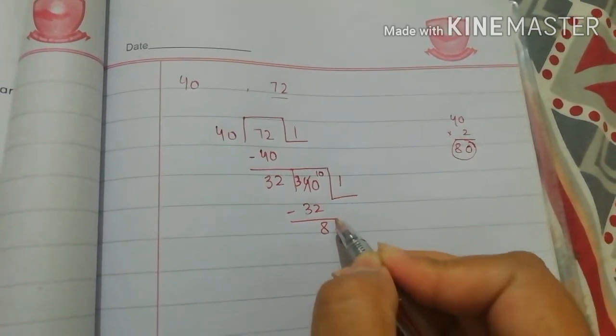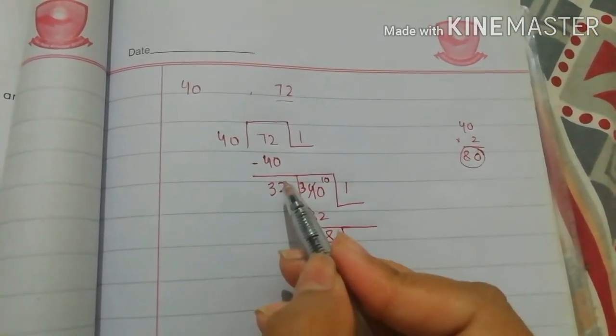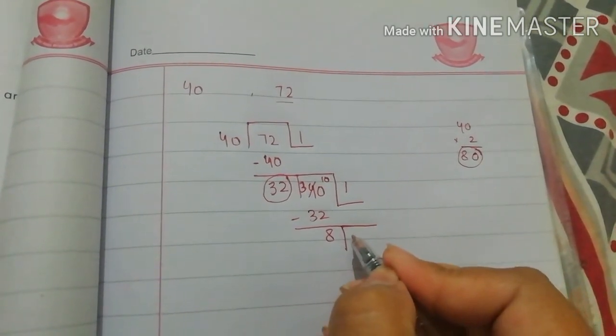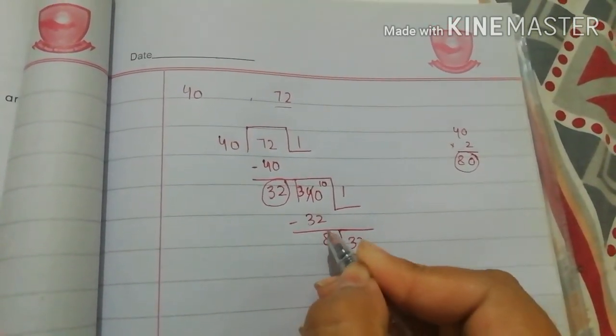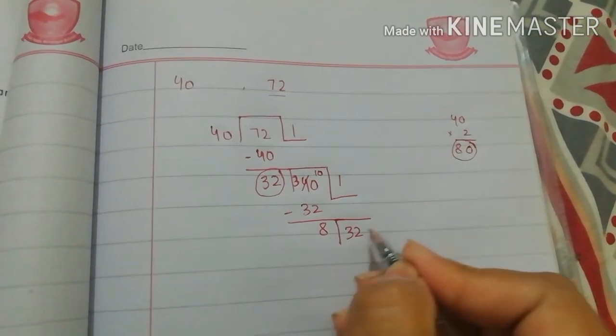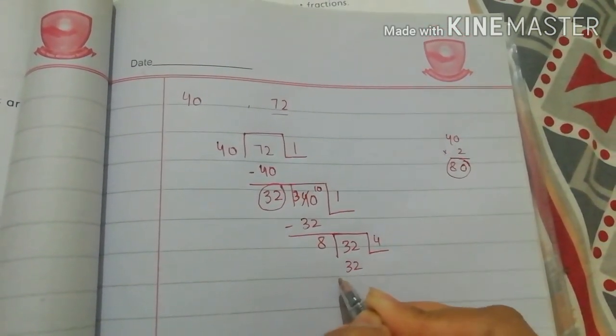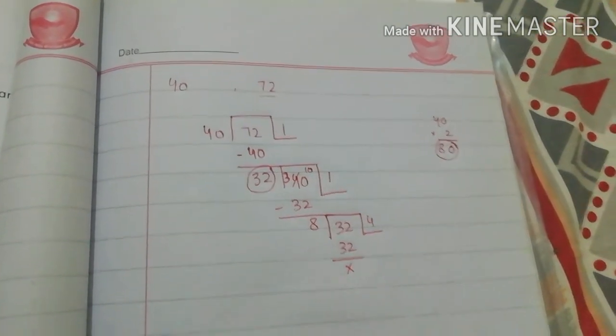Now the previous step divisor becomes dividend and the remainder becomes the divisor. So 8 4s are 32, remainder 0.